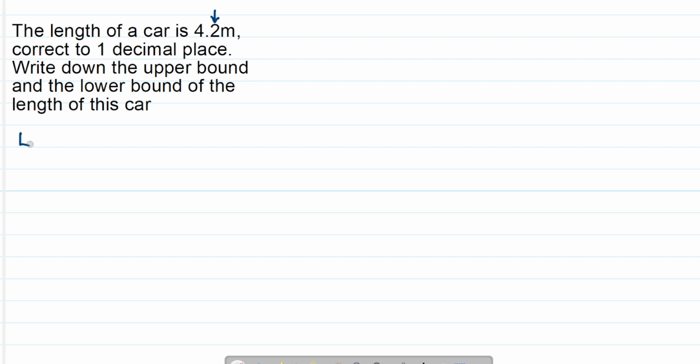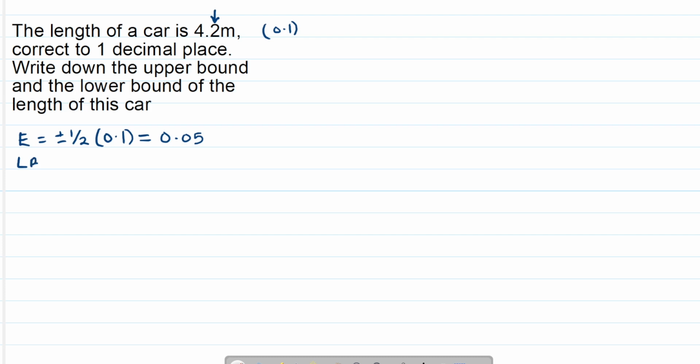So that means our error here is going to be plus or minus half of 0.1, because the place value of one decimal place is the same thing as tenth, which means 0.1. So we'll be doing plus or minus half of 0.1, which is 0.05.